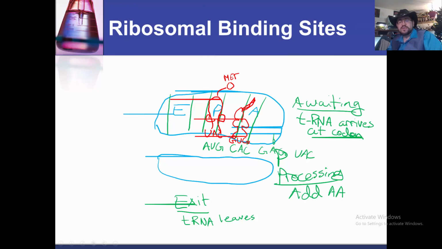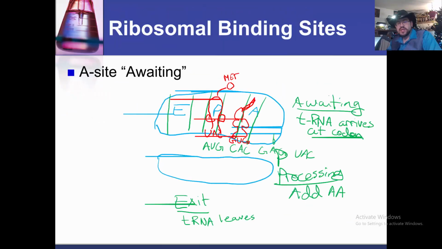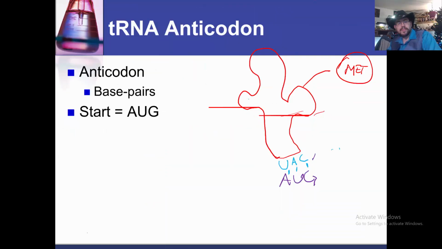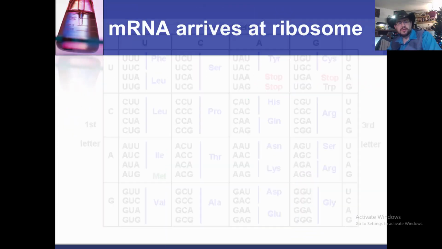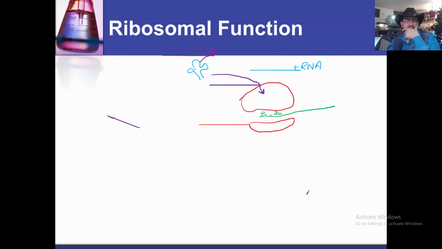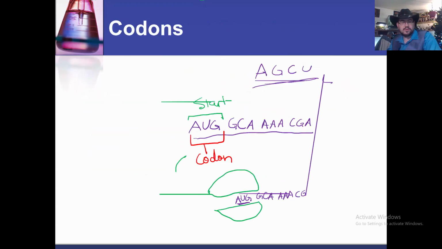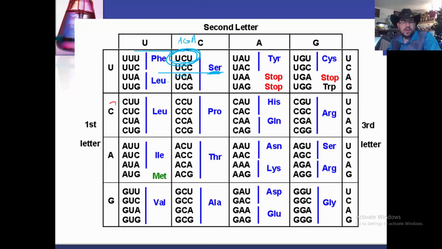Why don't we just find out? Let's go back and find out which amino acid corresponds to CAC. We'll just look at that table again. So, CAC, our first letter is C. Our second letter is A, meaning we are in this box.